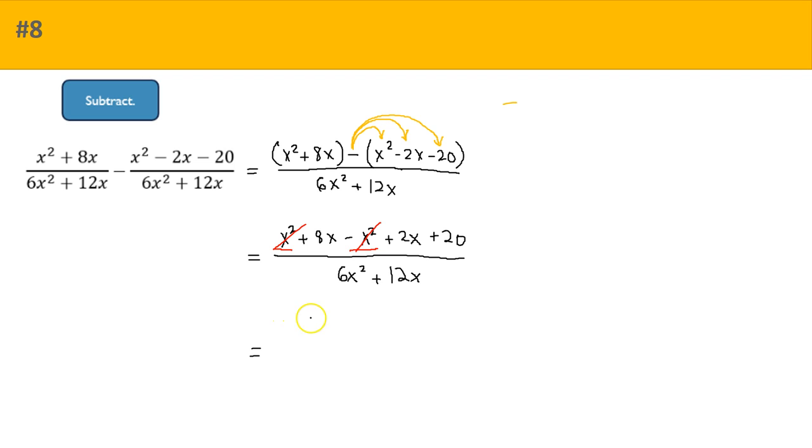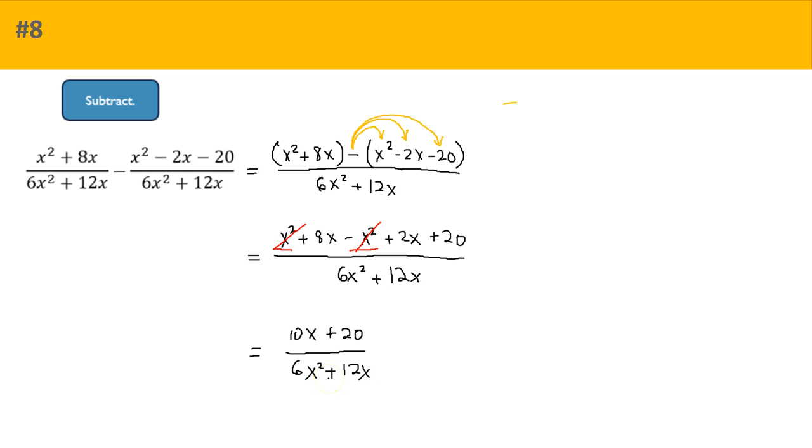And then we have a plus 20. Now back to the denominator. We have 6x squared plus 12x in the denominator.